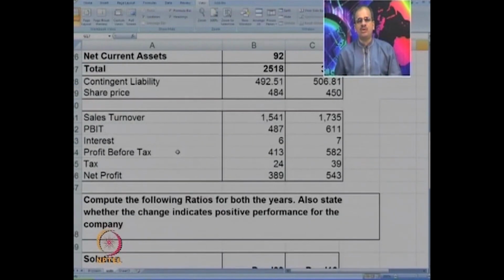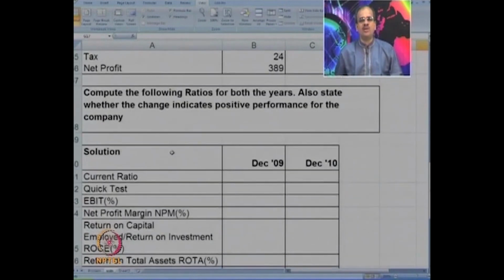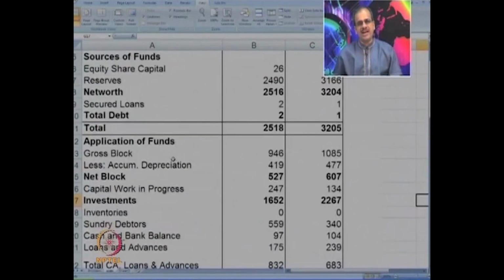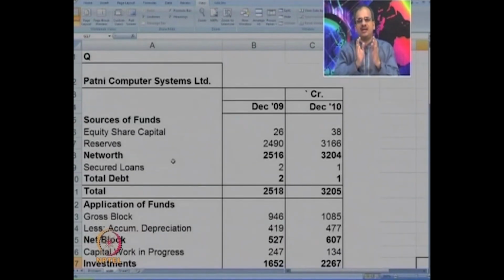Profit and loss account, some important data is also given, and we have been asked to calculate certain ratios which we have already learned, like current ratio, quick ratio and so on. I have not shown any formulas here. Let us try to look at the figures and calculate each of the ratios. Before that, I will request you to have a look at the balance sheet first, make an overall judgment about the company, and then we will go into calculation of detailed ratios.